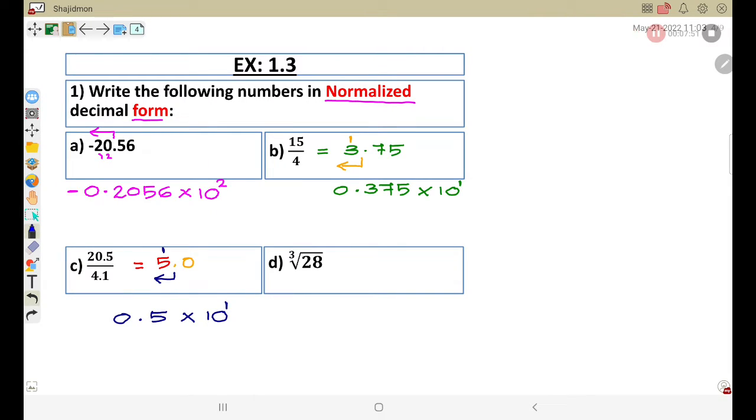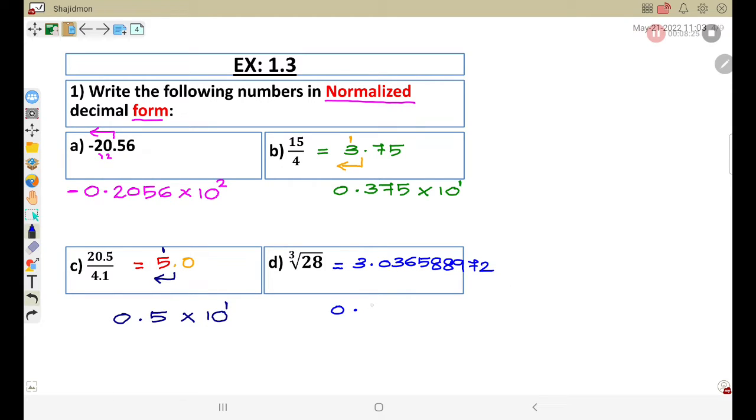Now question number D, cube root of 28. Cube root means in our calculator shift root, 28. Cube root of 28 means the number 3.036588972. This is the number, cube root of 28. Now we are writing that number in normalized form. So starting from 0 point, write all the digits.